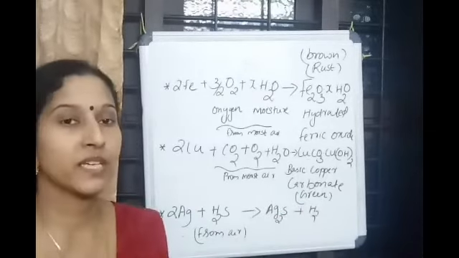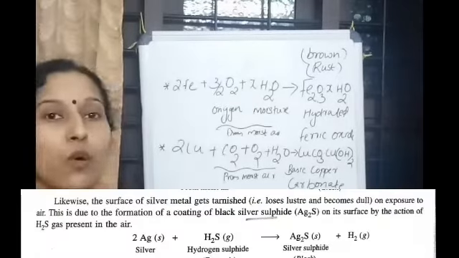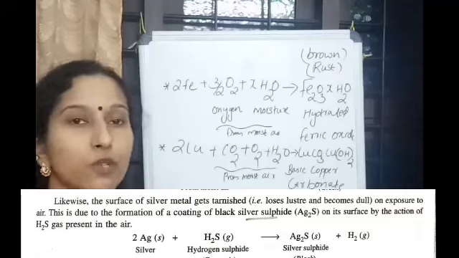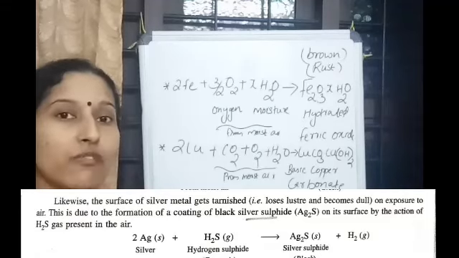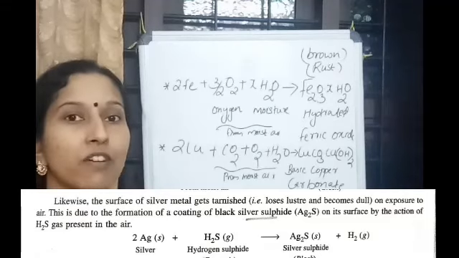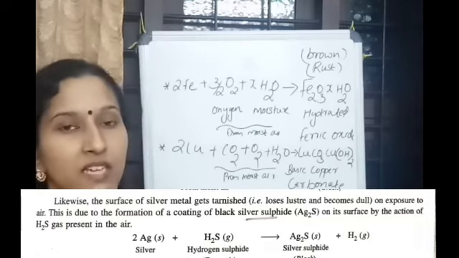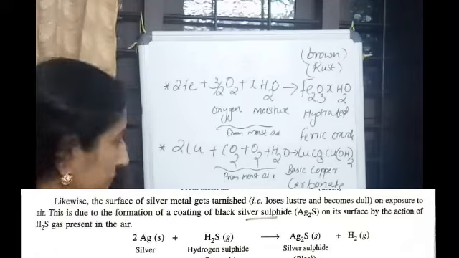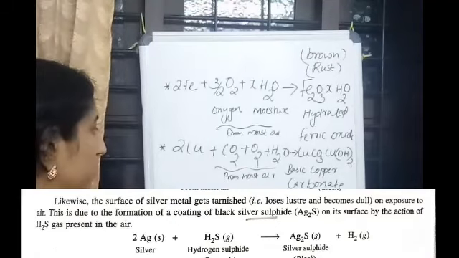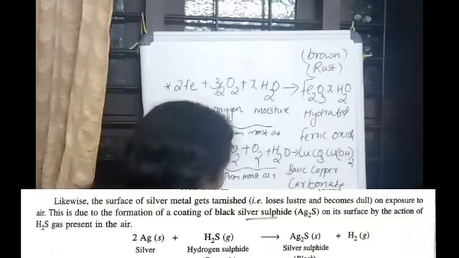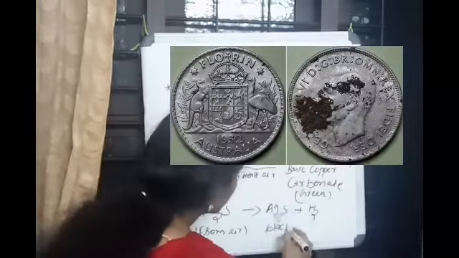Likewise, silver articles lose their luster or shine and become dull when exposed to air. This is due to the formation of black silver sulfide on its surface by the action of hydrogen sulfide from the air. See, 2Ag plus H2S gives Ag2S. This Ag2S is the black deposit.